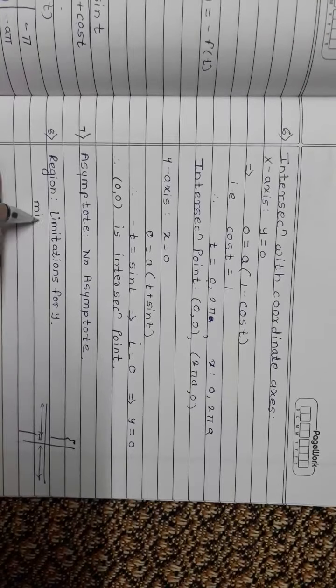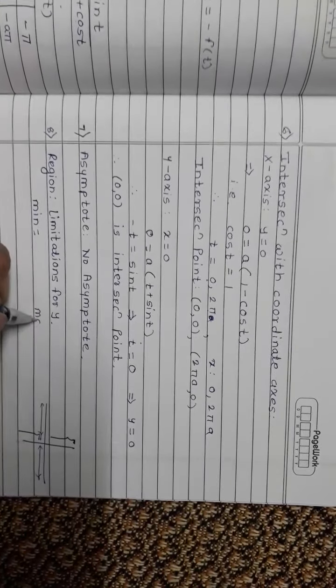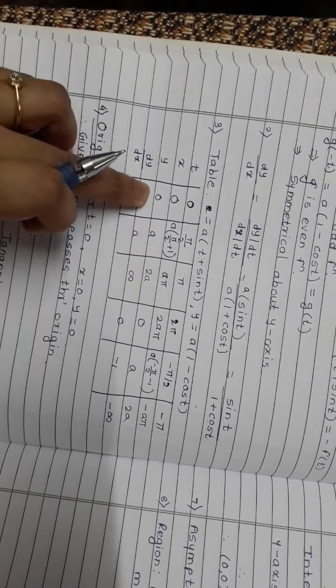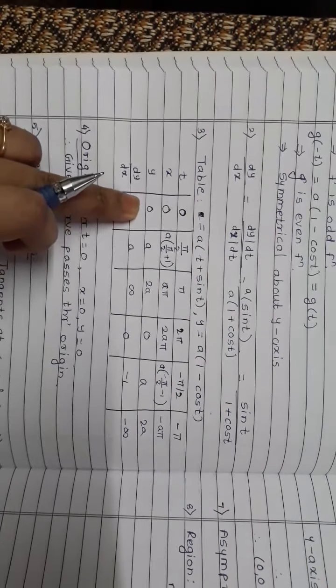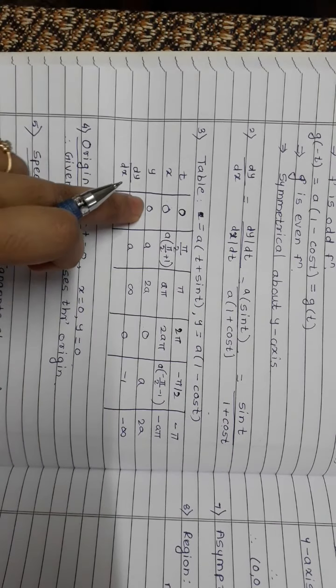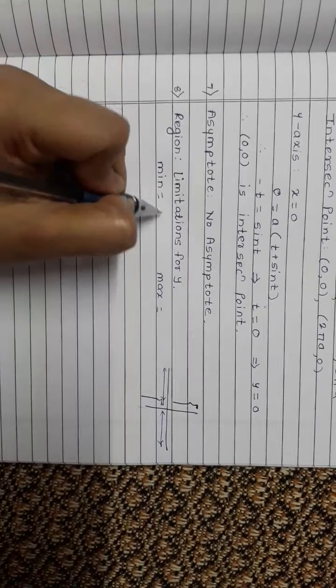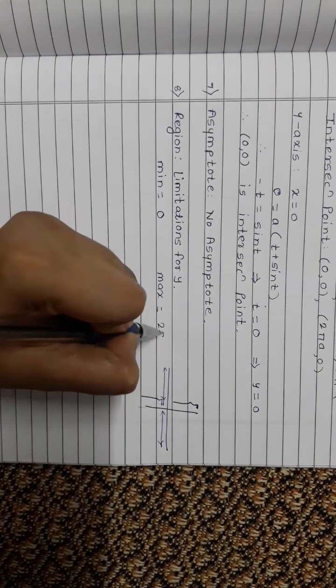I'm going to find the minimum and maximum value of y. Use the table. In the table, in between 0 to 2 pi, you can see the minimum value is 0 and the maximum value is 2a, right?